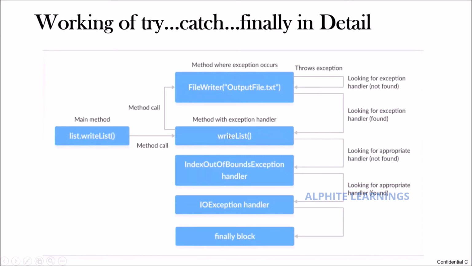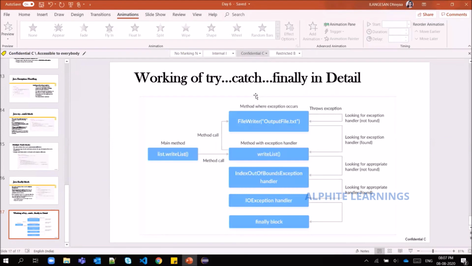So this write list, while we are calling this, it will check the file writer. So it will see if they have. I'll show you the example for this. You will get a better understanding if I show you the example actually.